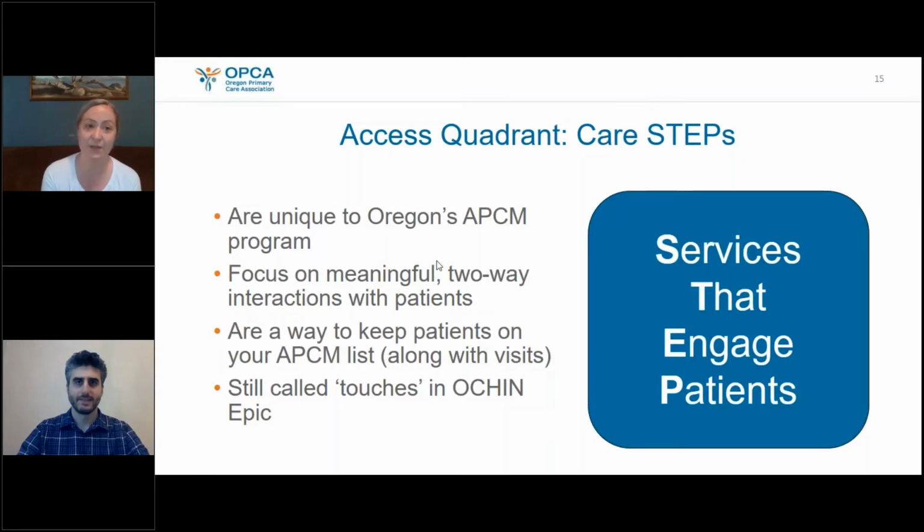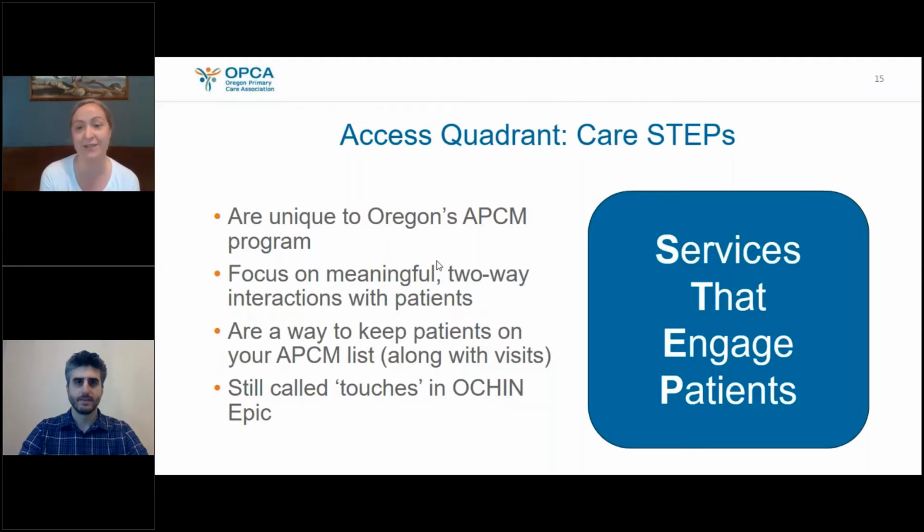And then they try to focus on meaningful two-way interactions with patients. Charles will talk a little bit about how we arrived at these 18 from a longer list of 32, but the point was that these categories focus on the interactions that actually engage patients. That's part of the acronym, and have a two-way component.